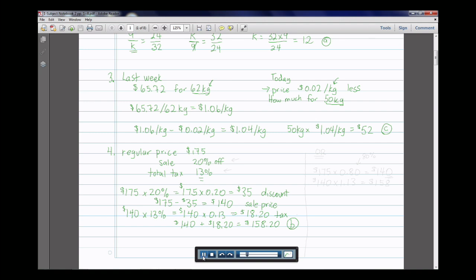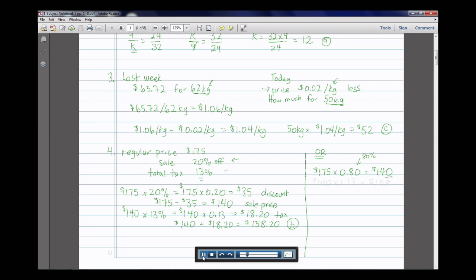Another way of doing it is, if you think about it, if you have 20% off, that means that what you're paying for is 80%. So you can take 175 and times it by 0.80, and that gets you $140, because if you had 20% off, you're paying for 80%.